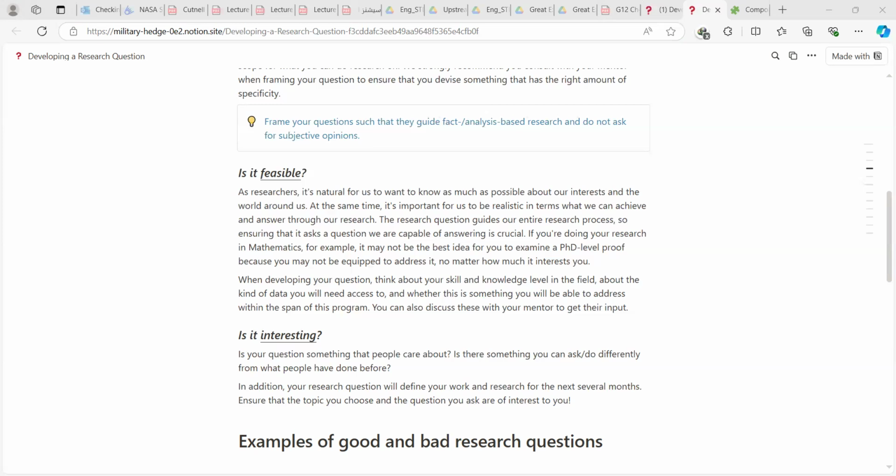Efficiency of sustainable energy systems in Nigeria. It's more original than the first one, but it's not specific. Yeah, it's feasible also. If you want to make a whole research question, give me 5 minutes to discuss all about it, and I will give you an activity to make one together about your research.